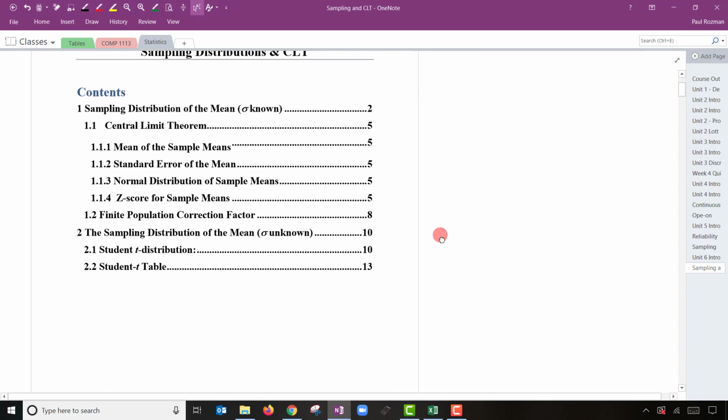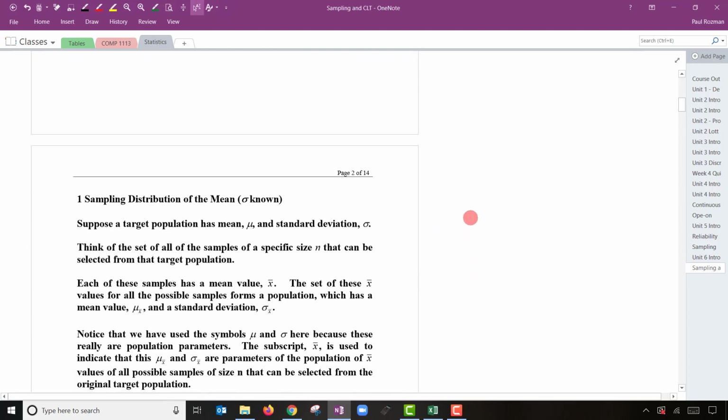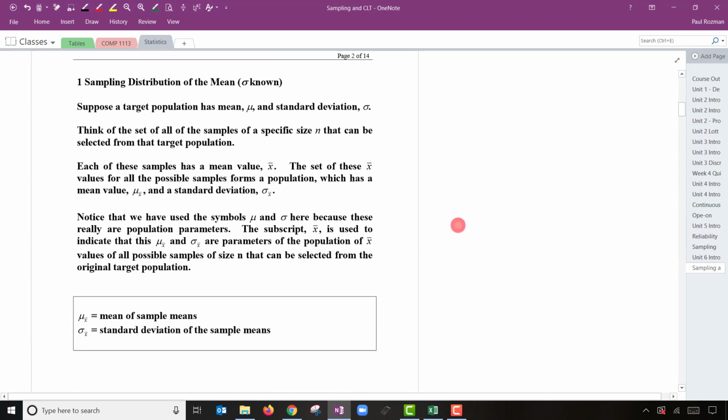Here we are, Unit 6. Since Unit 1, we've been collecting data and then doing numeric summaries. We calculate the mean of our sample set. Imagine a procedure where we collect a sample, calculate its mean, and then we repeat it.